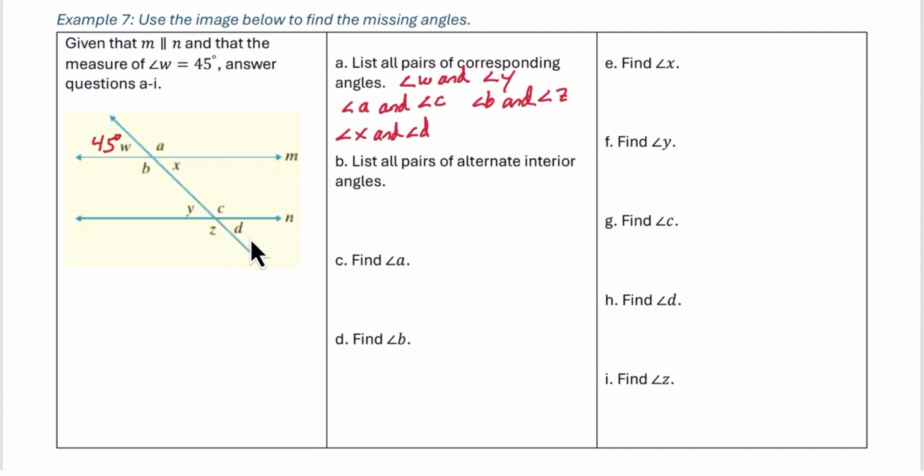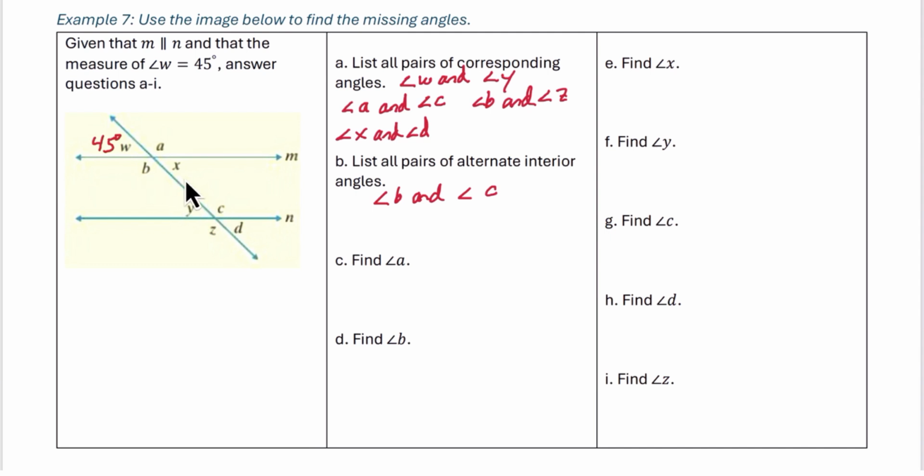In part B, we want to list all pairs of alternate interior angles. So these need to be inside the parallel lines and on opposite sides of the transversal. So angle B and angle C are alternate interior.